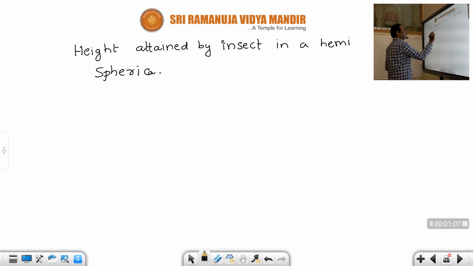How much height it can travel in a hemispherical bowl with the coefficient of friction mu.